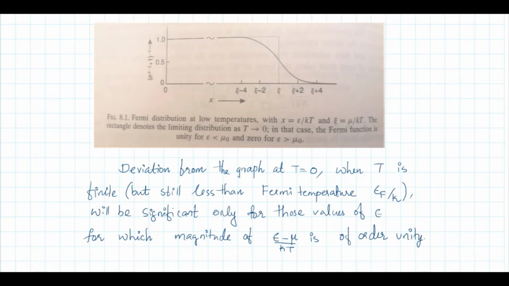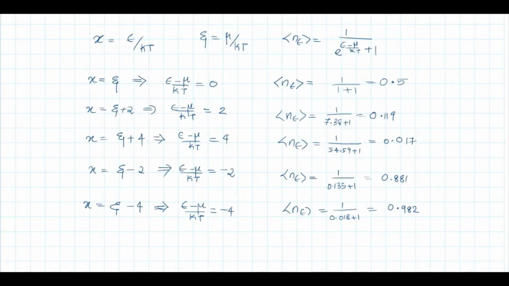So x is E by kT, theta is mu by kT, and the occupation number, we know, is 1 by e raised to (E minus mu) by kT plus 1. We will consider 5 different cases. When x equals theta, E minus mu by kT becomes 0, because x and theta are the same.